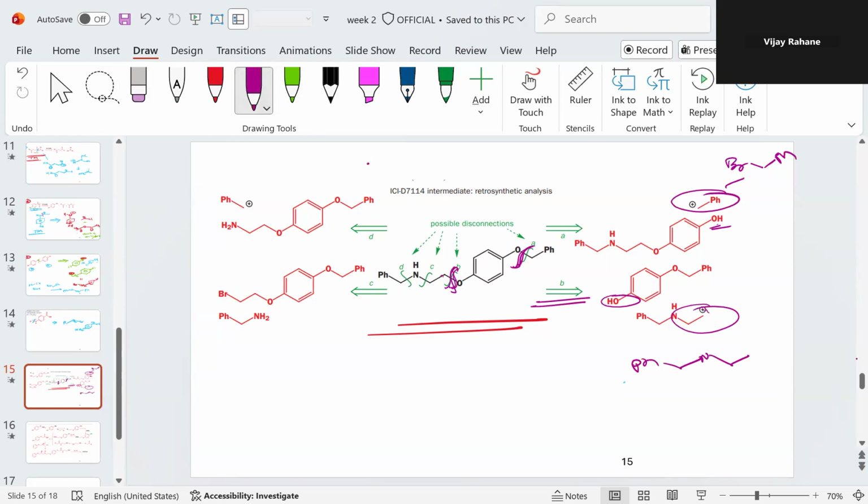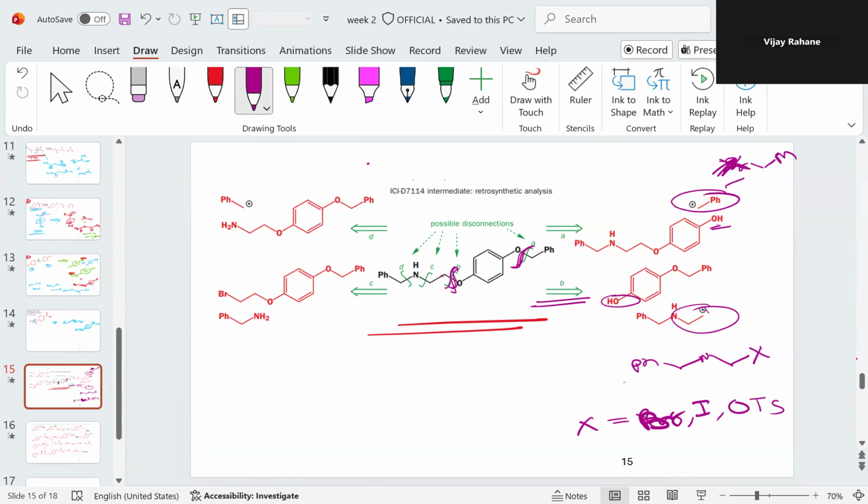That can also be the tosylate. So this X can equal either bromo or iodo or also a good leaving group, basically OTs or any similar good leaving group, right? Like this. It is the same case as the earlier example I showed here.